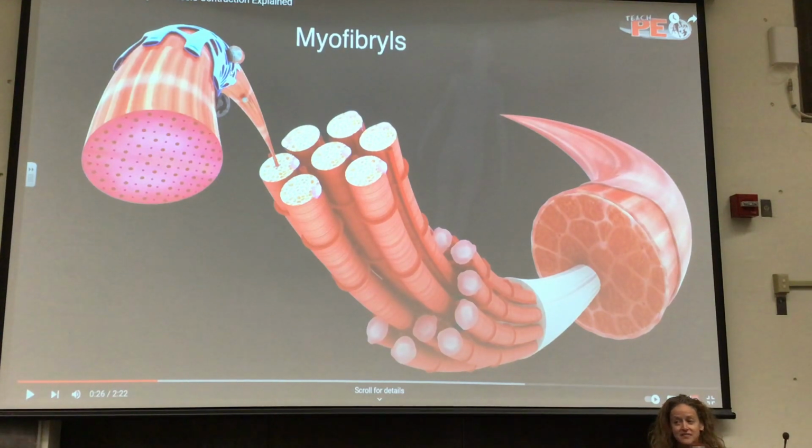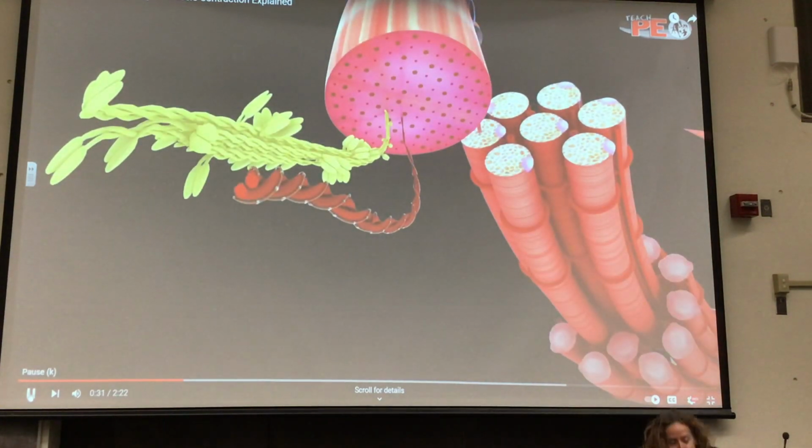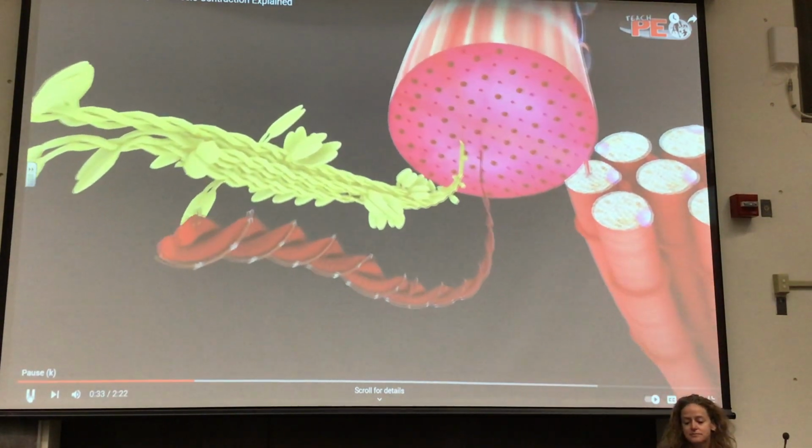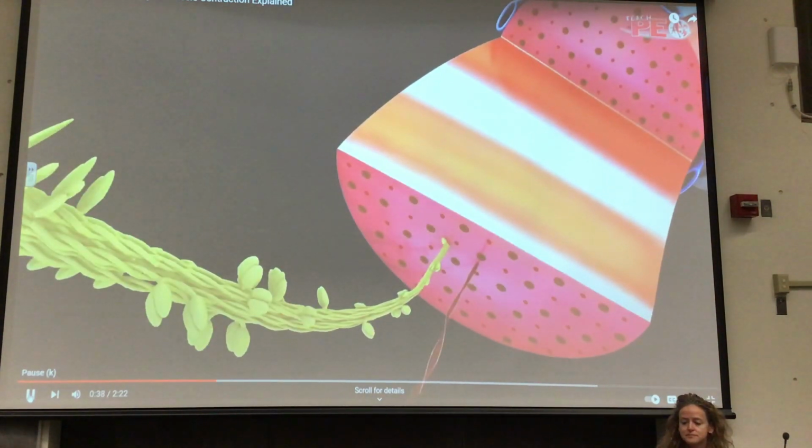It's the sarcoplasmic reticulum. Surrounding the myofibril, there is a network of tubules and channels called the sarcoplasmic reticulum, where calcium is stored.